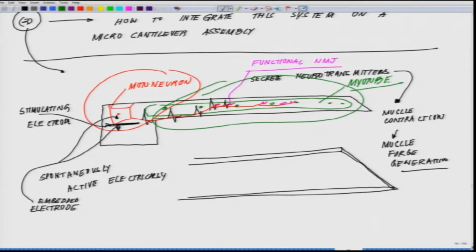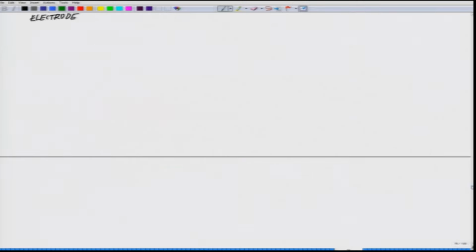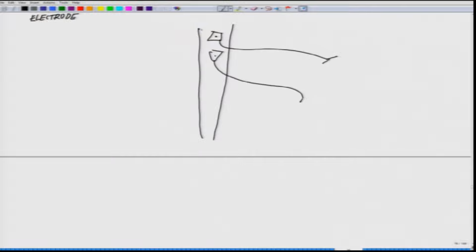If you look at your own body, the spinal cord, here you have your spinal cord and your motor neurons sitting in the ventral horn, and here you have the muscle.